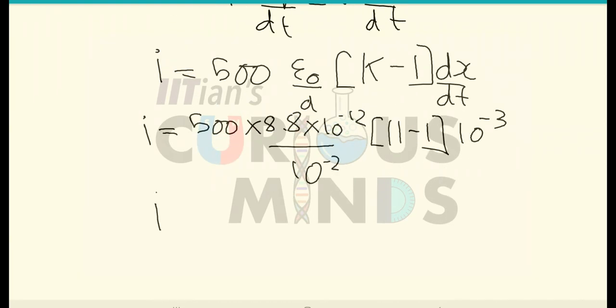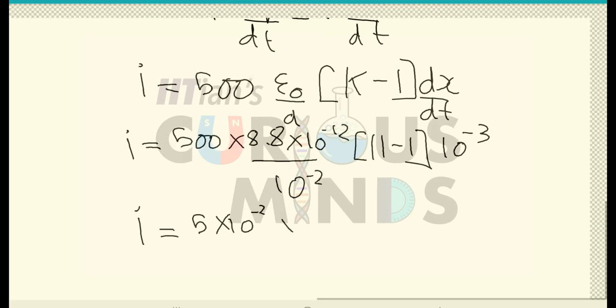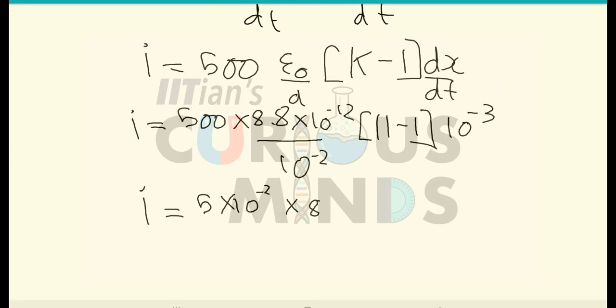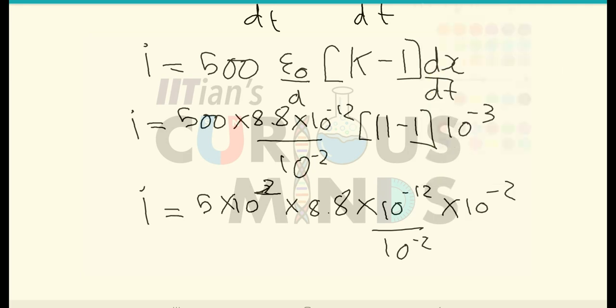So basically the current over here, if I simplify this part, will be equal to 5 into 10 raised to minus 2 into 8.85 into 10 raised to minus 12 into 10 raised to minus 2 divided by 10 raised to minus 2. So this is the total current flowing in the circuit. The 10 raised to minus 2 and 10 raised to minus 2 will get cancelled out.